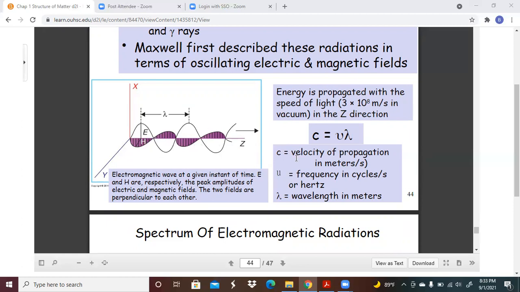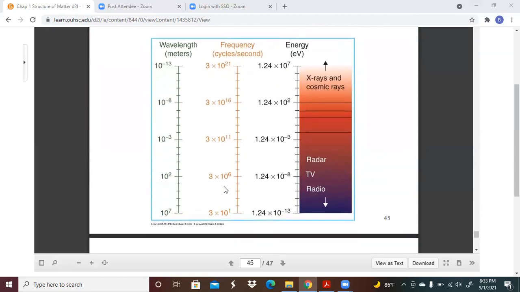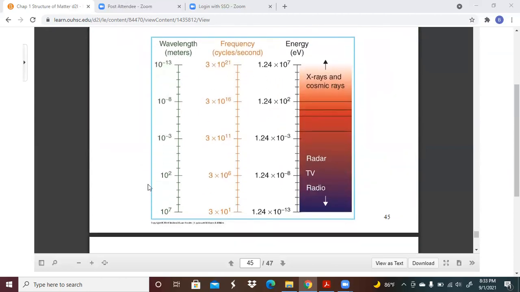So c is going to be the velocity of propagation. V here is going to be the frequency in cycles or hertz. You've got lambda here, which is the wavelength in meters. So you can see the description here, wavelength in meters.